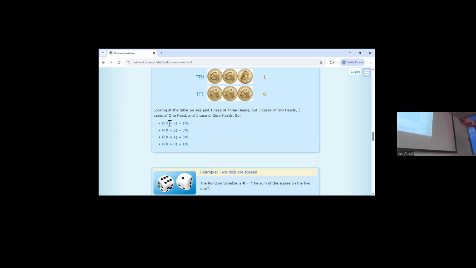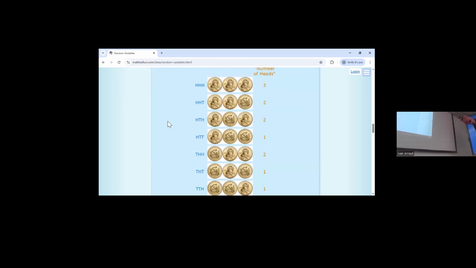Then I want to calculate the probability that x is equal to 3. What do you do? What does x equal 3 mean here? Remember, x is the number of heads. There are 3 coins.